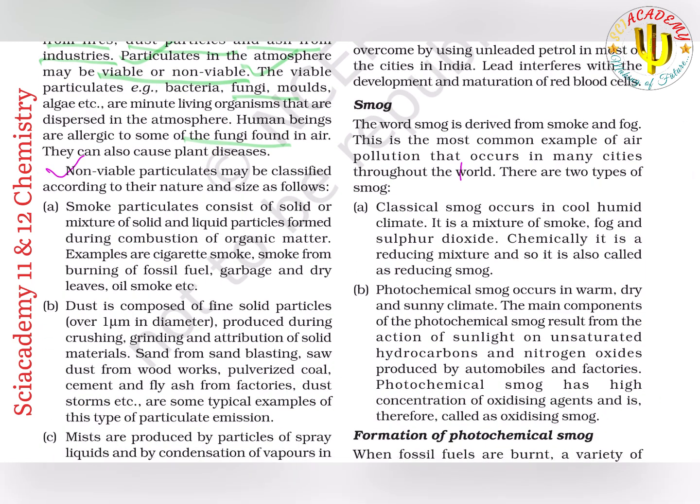A. Smoke particulates consist of a solid or mixture of solid and liquid particles formed during combustion of organic matter. Examples are cigarette smoke, smoke from burning of fossil fuel, garbage and dry leaves, oil smoke, etc. B. Dust is composed of fine solid particles having sizes over 1 micrometer in diameter, produced during crushing, grinding, and attrition of solid materials.